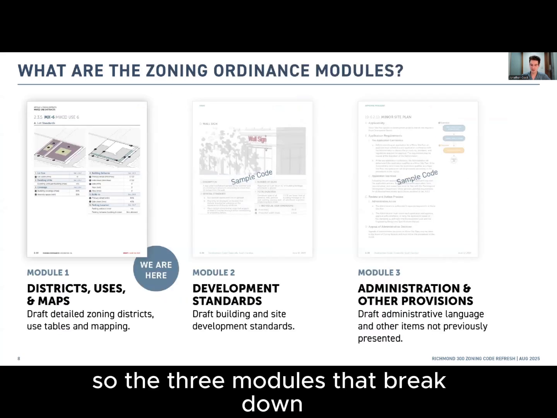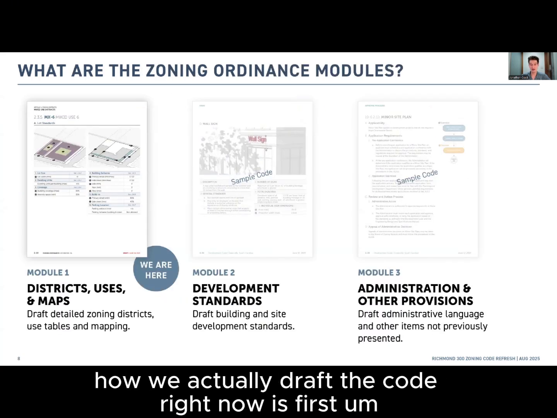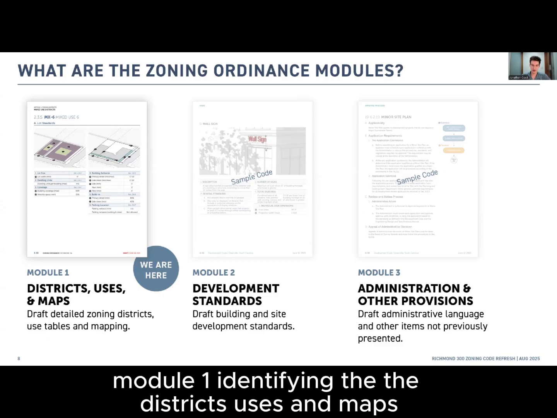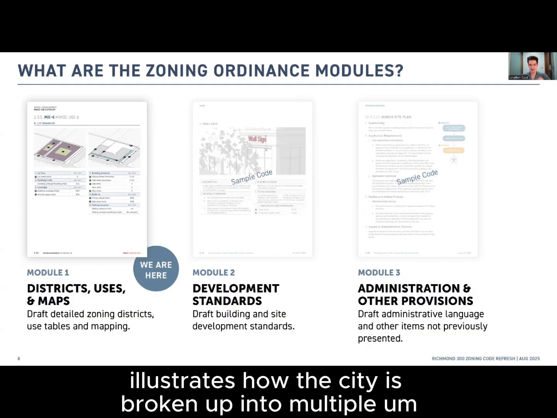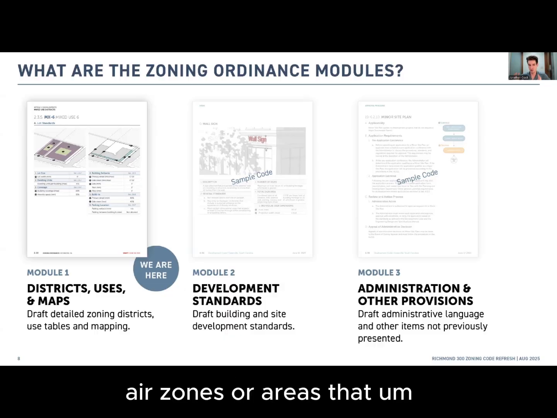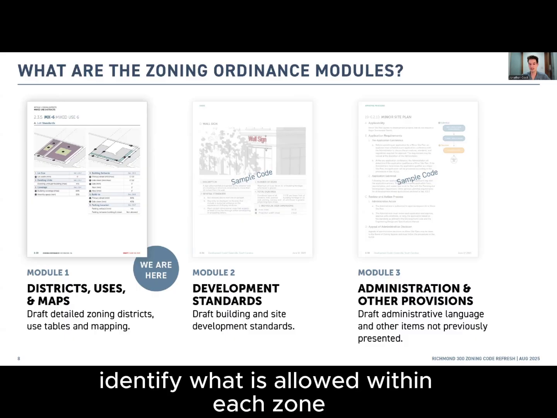The 3 modules that break down how we actually draft the code right now are, first, module 1, identifying the districts, uses, and maps, which basically illustrates how the city is broken up into multiple zones or areas that identify what is allowed within each zone.